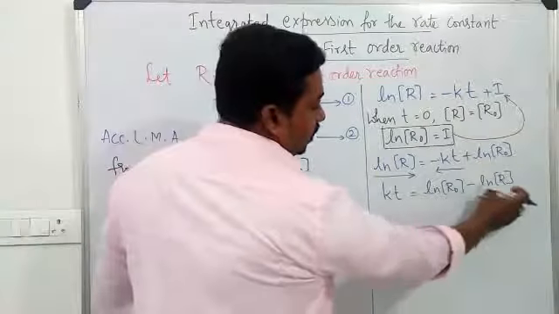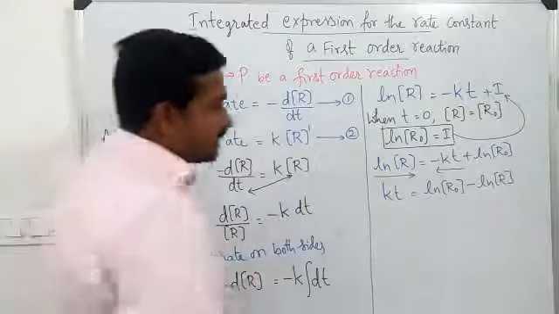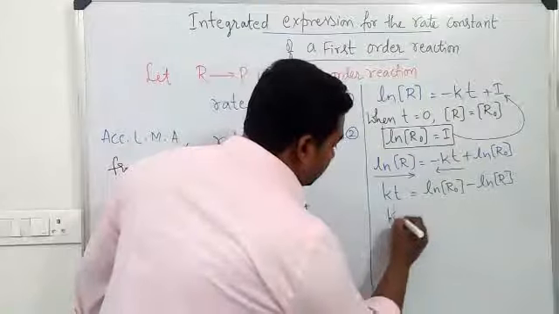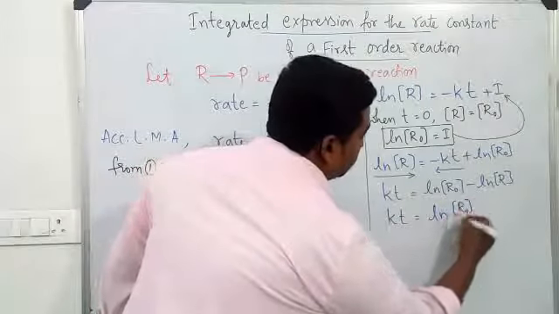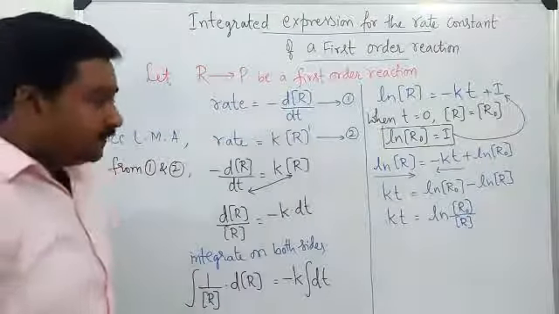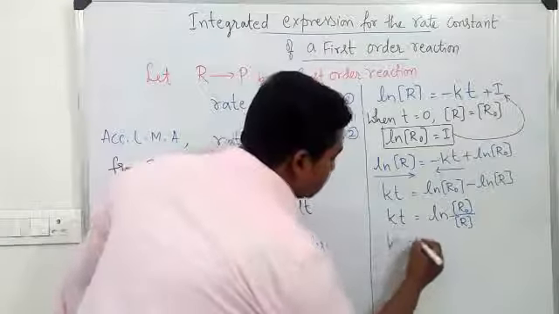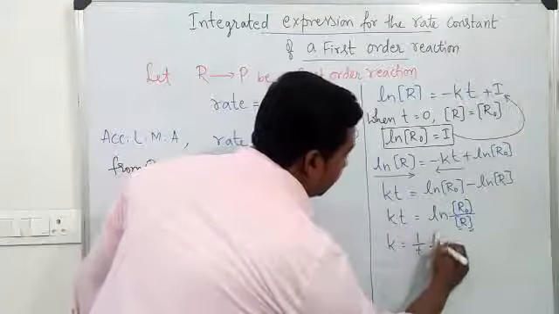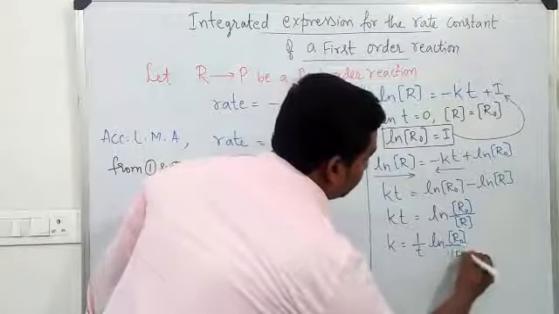Log a minus log b can be written as log of a over b. Apply the same rule here. You will get kt equals ln of R0 over R. Alright. Then cross multiply t to RHS. You will get k equals 1 over t ln R0 by R.